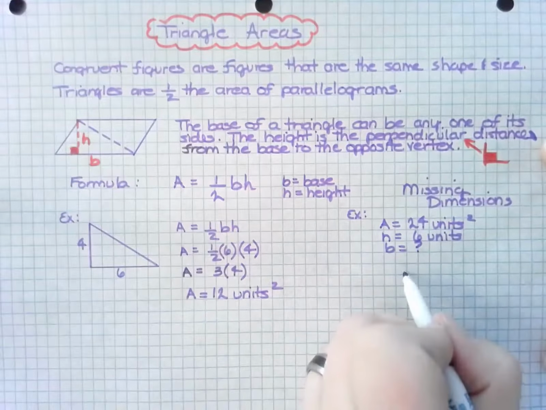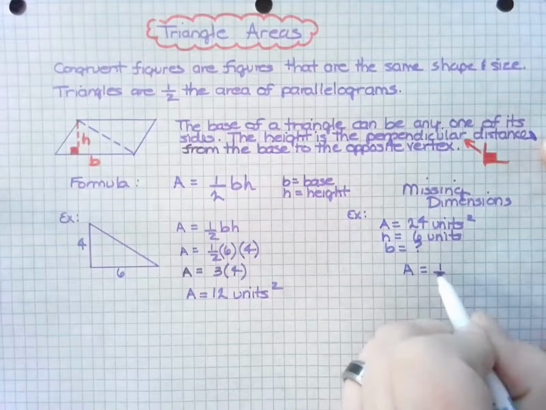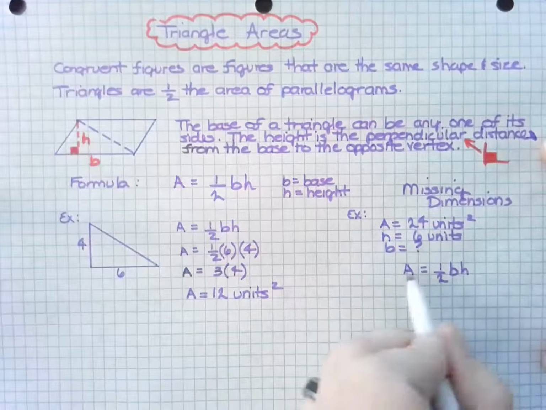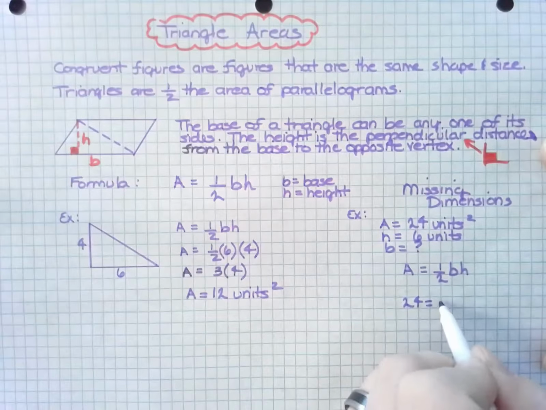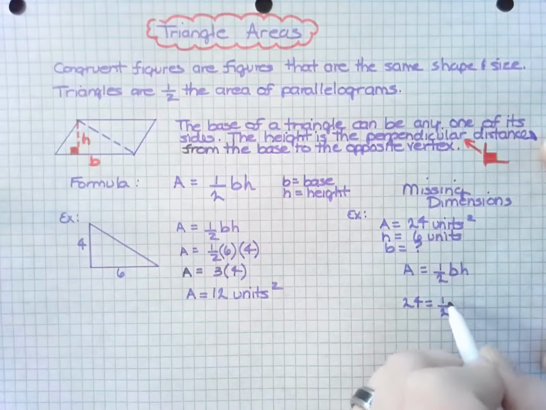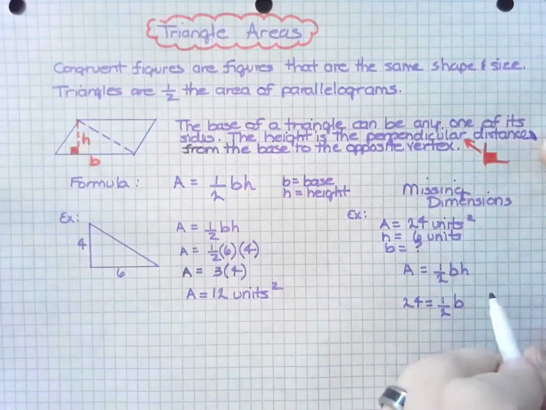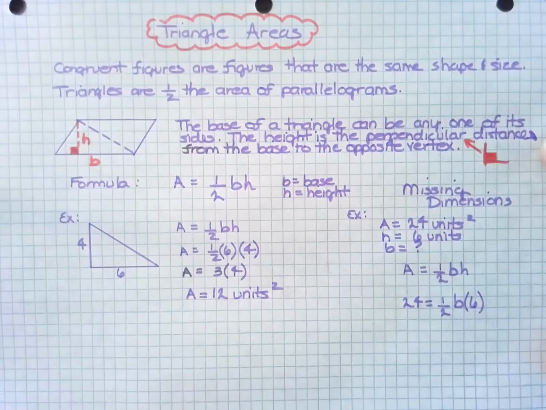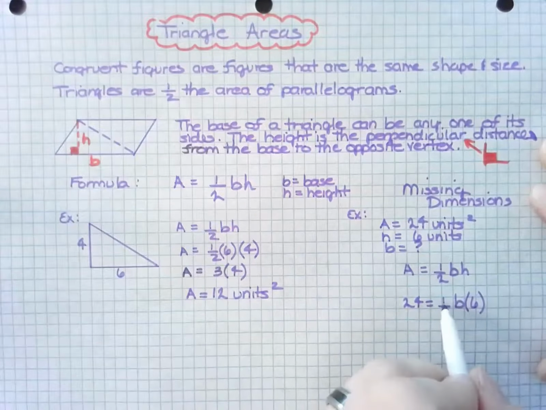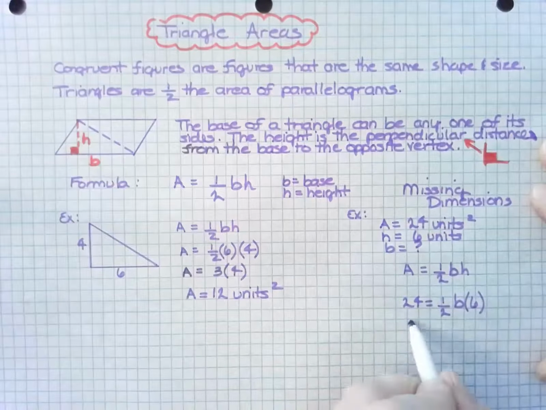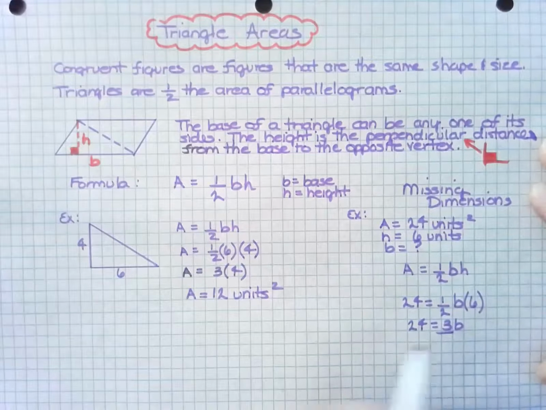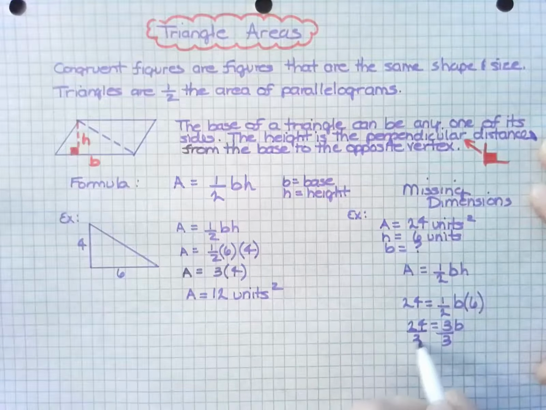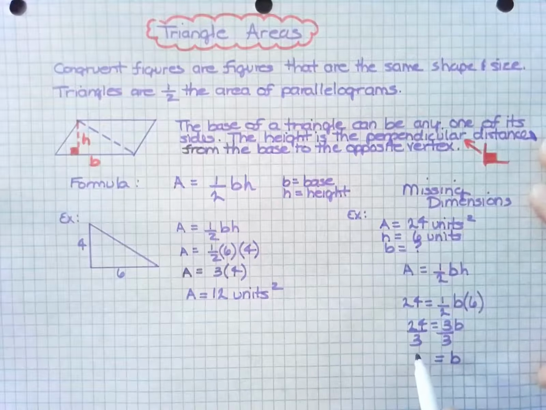So again, we use our formula, 1/2 base times height, and we plug in what we know. Area is 24 equals 1/2. I don't know my base, but I do know my height of 6 units. And then I can simplify. So 1/2 of 6 is 3, so 24 is equal to 3b, and then I can use my division property of equality to divide and find out that b is 8 units.